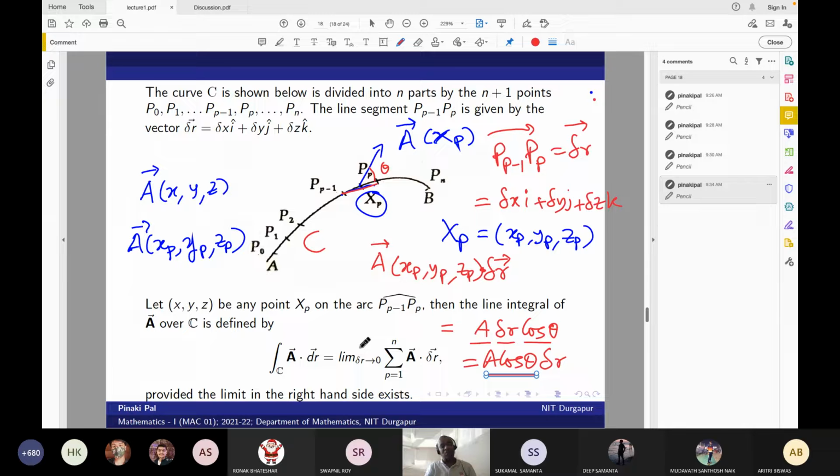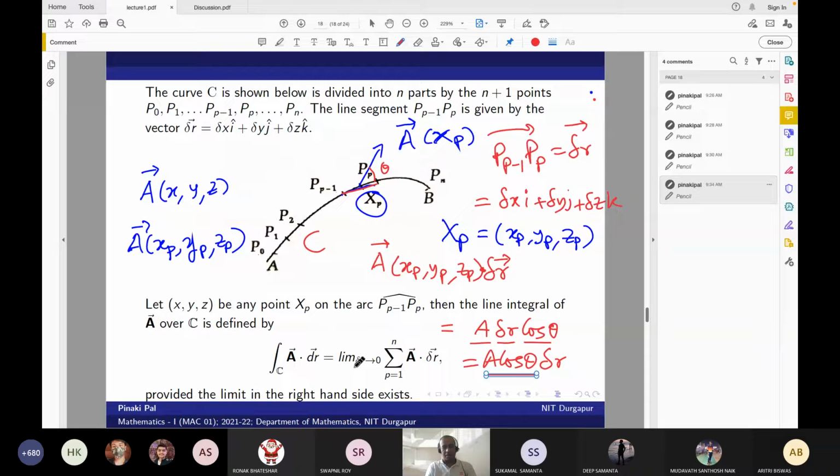But in case of other force fields, it may not be conservative. If there is friction involved in the process or other things, the field may not be conservative. So in that case, the work done in moving a particle from one point to another in space following different paths will be different.